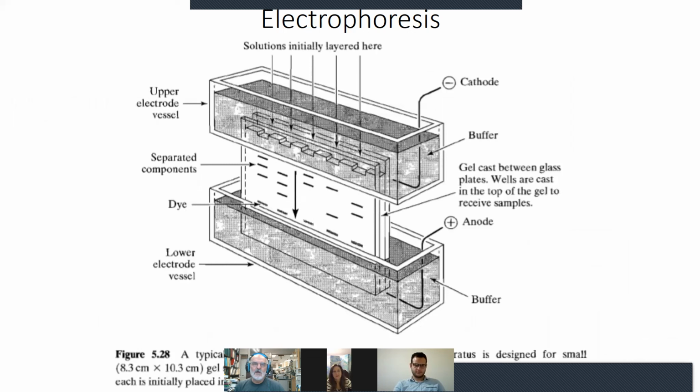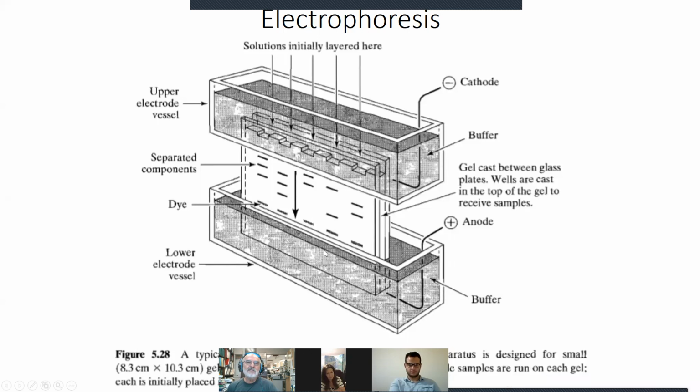Okay, so this is a general example taken from the book, chapter 5, a typical apparatus. This is something that is actually sort of late in the process. And what I mean by that is this is a vertical gel.